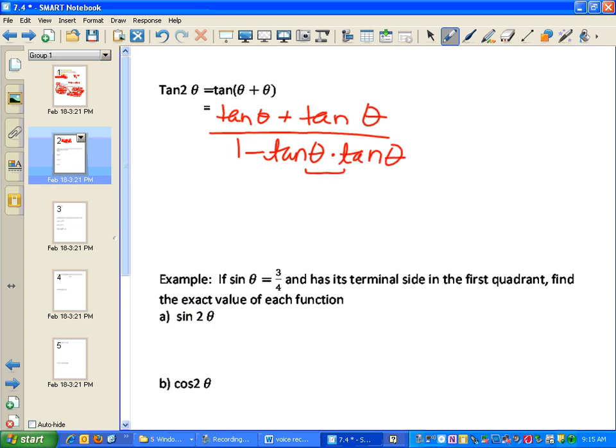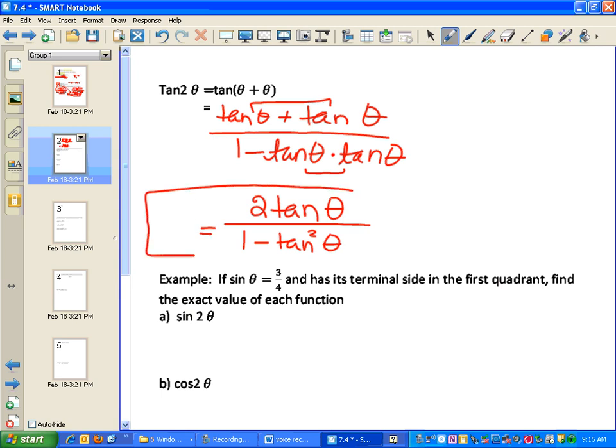But what is this going to simplify down to? Tangent squared theta. And what is this going to combine to? To 2 tangent of theta. Is that making sense? So here's our third one that we're going to want to memorize. This is what the tangent of 2 theta is equal to.